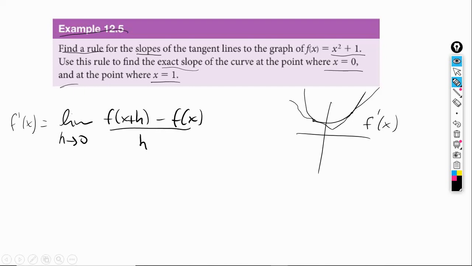Well, it's going to be the limit as h approaches 0 of f of x plus h. So what's f of x plus h? f of x plus h is plugging x plus h into f of x, right? So that's going to be x plus h squared plus 1, minus f of x. So f of x is just x squared plus 1.